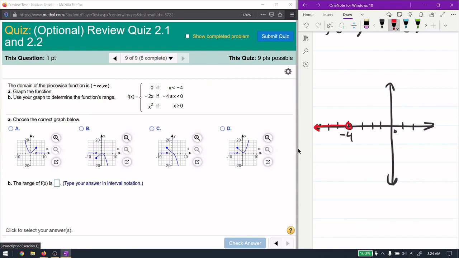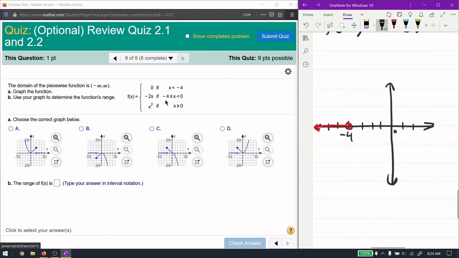Now, -2x if x is between -4 and 0, and it includes -4. So if x equals -4, which is included in this second portion, you just plug -4 in. -2 times -4 is +8.